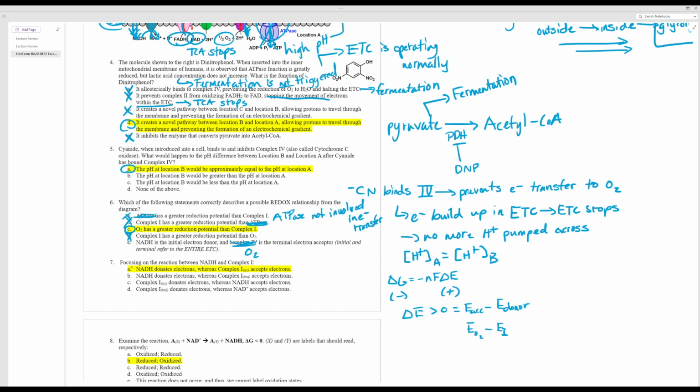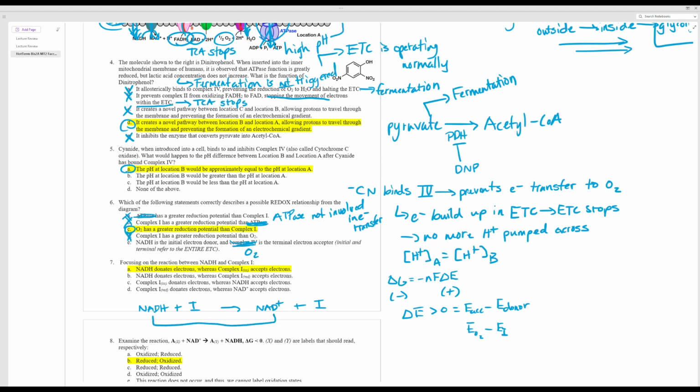Okay, question 7, focusing on the reaction between NADH and complex 1. NADH plus complex 1 goes to NAD plus complex 1. We need to decide, is complex 1 donating or accepting, and is it reduced or oxidized?